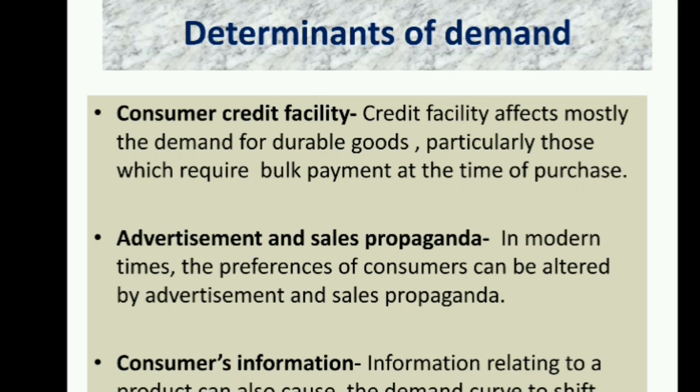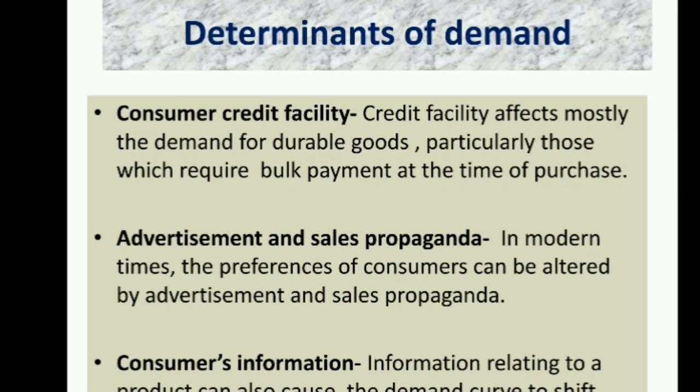Advertisement helps in increasing demand by informing potential consumers about the availability of the product, by showing the superiority of the product and by influencing consumer choice against the rival product. The demand for products like detergent and cosmetics is mainly caused by advertisement.